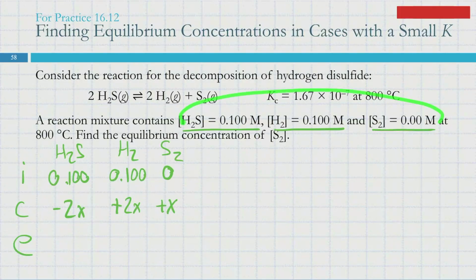Since we don't have any S2, our reaction cannot proceed to the left, it has to proceed to the right. That's what my brain was like, wait, do we have to check that? No, we don't. Okay, so 0.100 minus 2x, 0.100 plus 2x, and x.